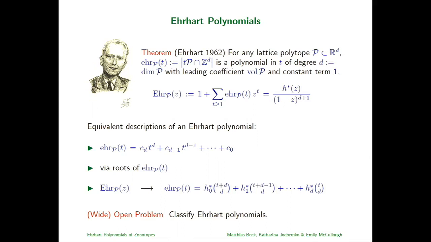I think of t as a positive integer. I take my polytope and start making it bigger and bigger. So t times P is just dilation, and I want to count lattice points in these dilated polytopes as a function of the parameter t.